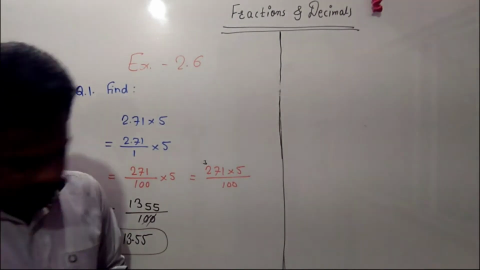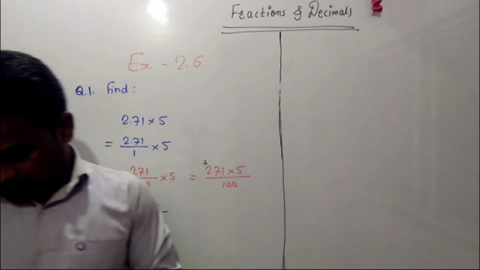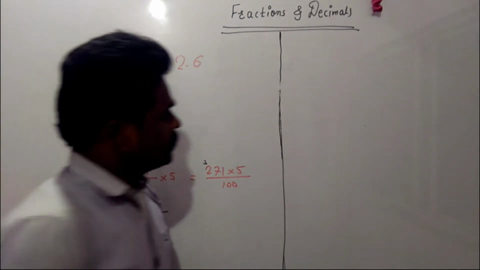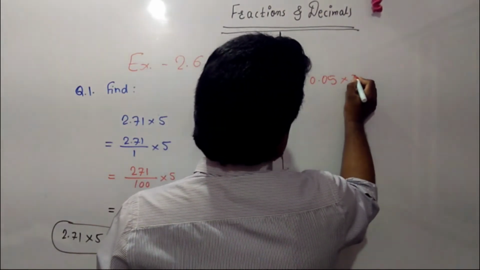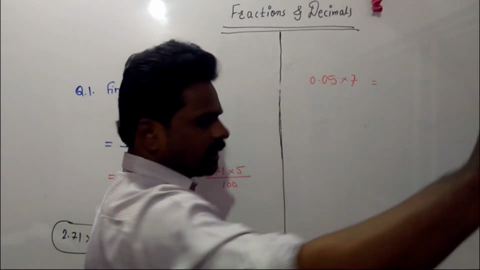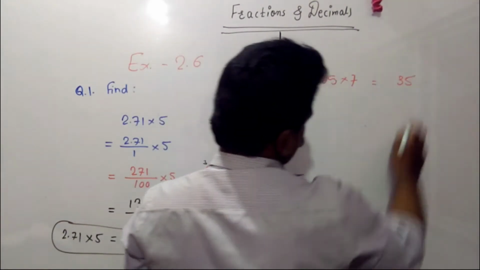Suppose we have taken, the next example is like this. Which one we will take? 0.05 into 7. Now you can tell me the answer orally. We will remove all decimal points. That means 5 into 7 is there. 5 into 7 we know 35.